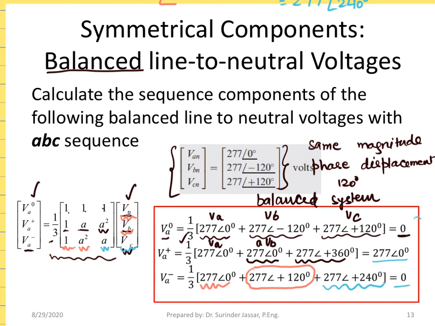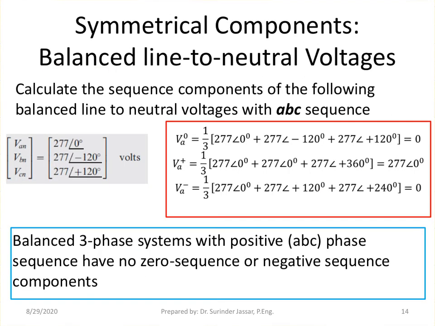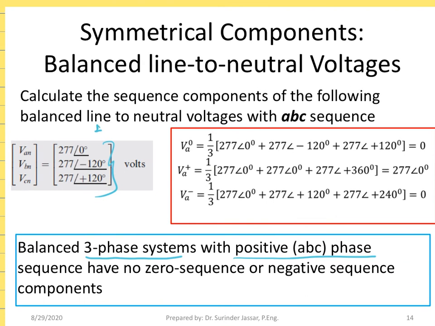So what do we observe? In case of a balanced system, there is no zero sequence and no negative sequence; there is only positive sequence voltage or current present. The balanced three-phase system has a positive phase sequence, because you saw that B is following A and C is following B, so it is an A, B, C phase sequence.